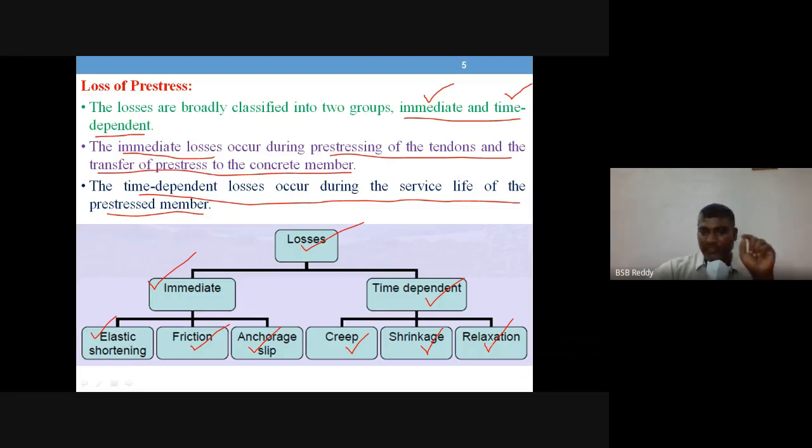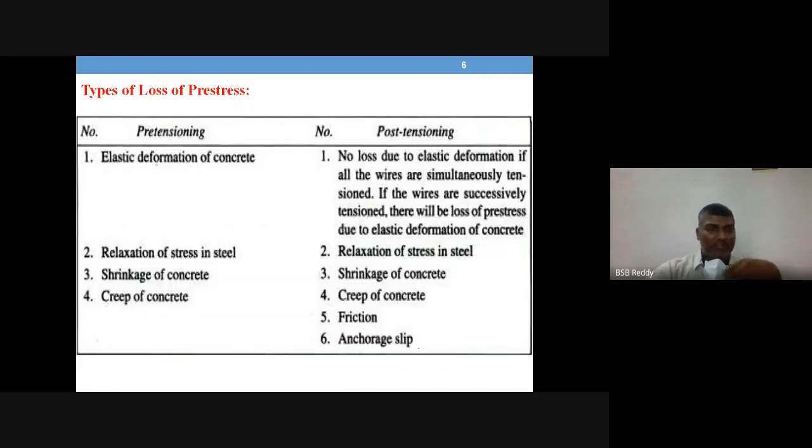Relaxation of steel, time dependent. Okay, so these three are the time dependent losses. These three are the immediate losses. Elastic shortening of concrete, immediate loss. Friction loss, immediate. Anchorage slip, immediate. Okay, so out of six, three are immediate losses and three are time dependent losses.